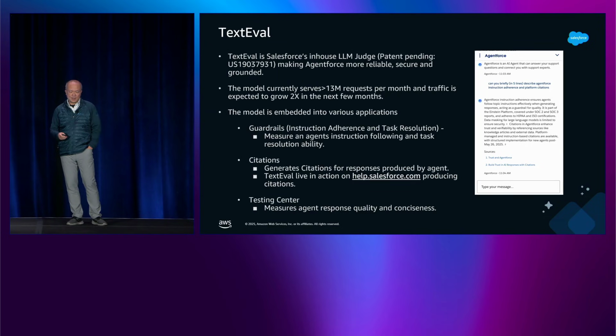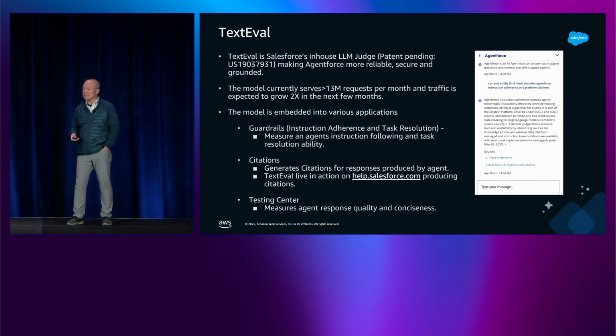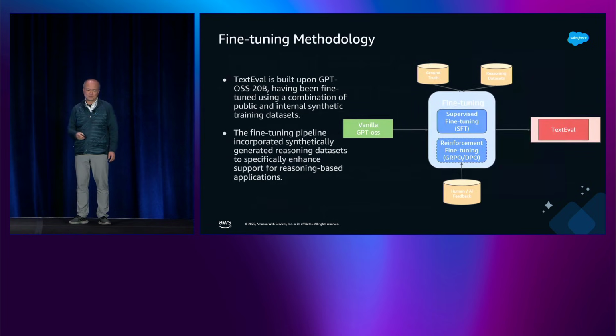So the model is driving a number of applications: guardrail applications, instruction adherence, task resolution, citations, automatic inline generation of citations, as well as response quality assessment in our testing center product, which is our observability and testing experimentation platform.